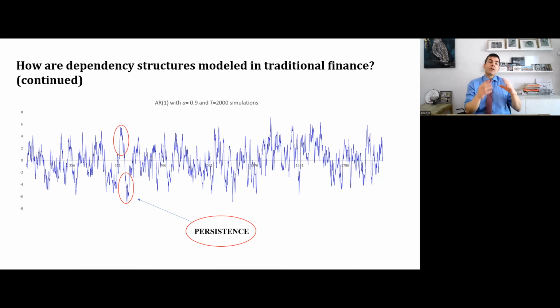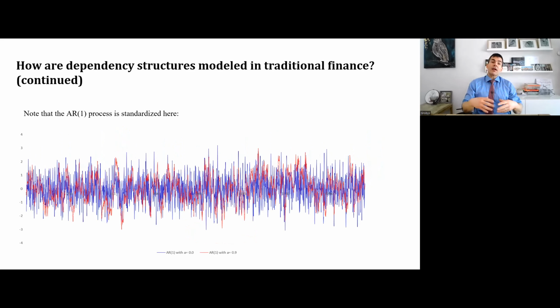But recall again, the absolute amount of the parameter A must be smaller than 1. So these are two examples of a highly persistent process and a highly anti-persistent process that we can simply model via an AR(1) process.